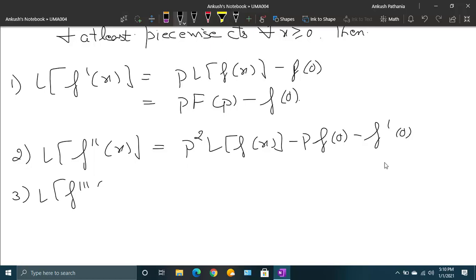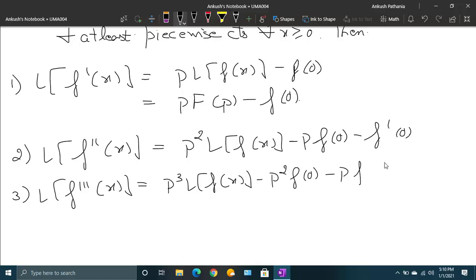Similarly, Laplace of the third derivative is p cube Laplace of f(x) minus p square f(0) minus p f dash 0 minus f double dash 0.